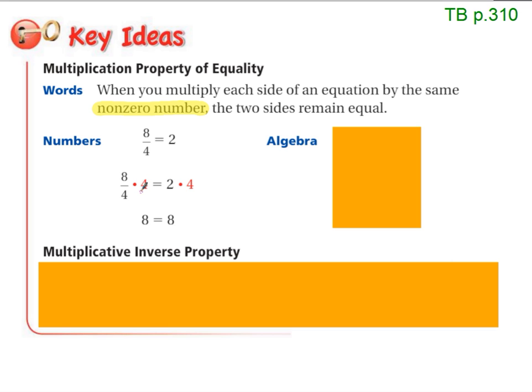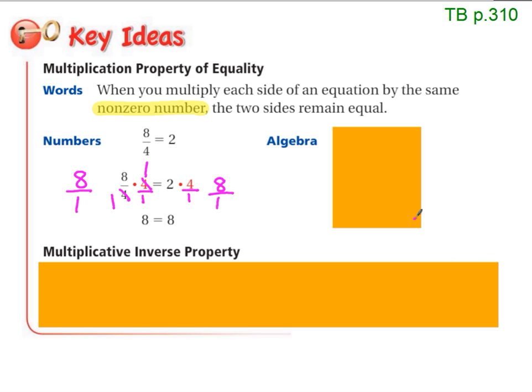Think about 4 as the same as 4 over 1. So I can cross cancel here, which gets rid of the 4's, and then I just have 8 over 1 on this side. Over here, 1 is already on the bottom. 2 times 4 is 8. So again, I have 8 over 1. And 8 over 1 is the same as 8, so 8 equals 8.